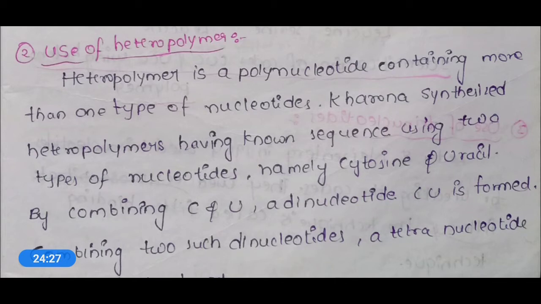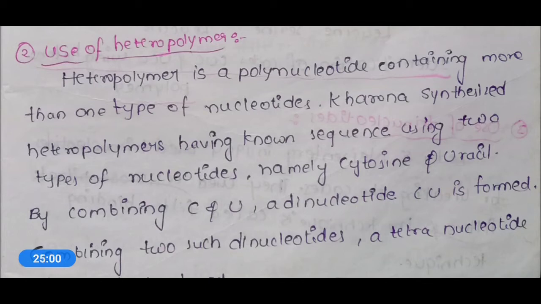A heteropolymer is nothing but a polynucleotide containing more than one type of nucleotide, and here the scientist Khorana synthesized heteropolymers having a known sequence using two types of nucleotides.